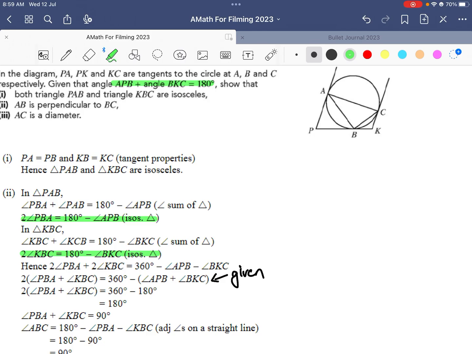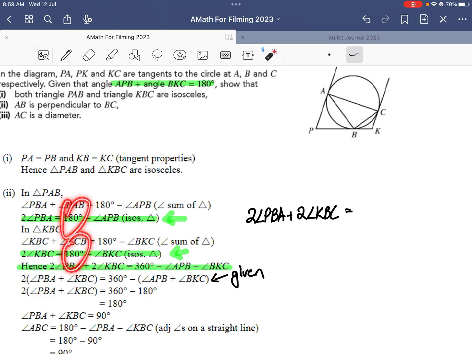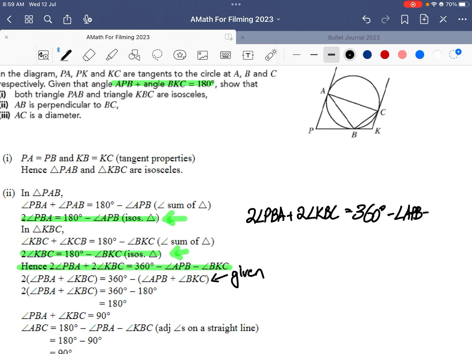So now what I do is I will add this line and this line to form this line here. So 2 of angle PBA plus 2 of angle KBC is equals to, let me just do this step by step, 180 plus 180 is 360, then minus angle APB minus angle of BKC.